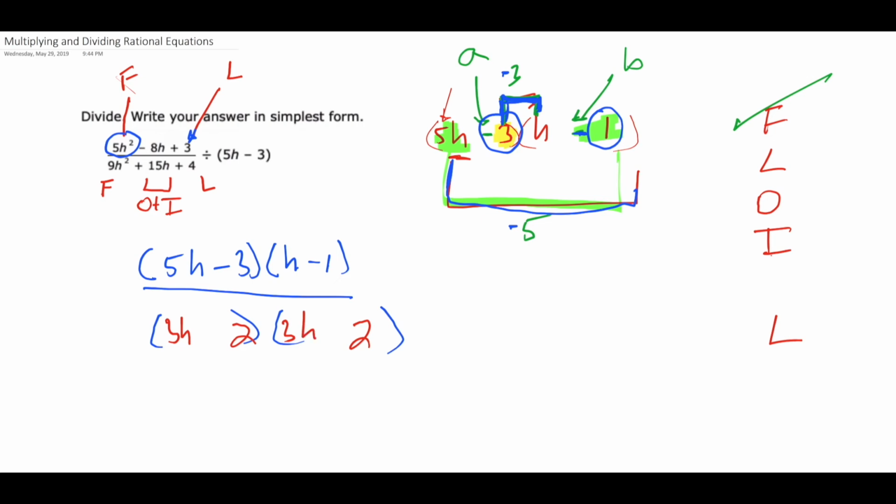Okay, so we have that. What do we get? And what do we get here? So can 6 and 6 give us 15?